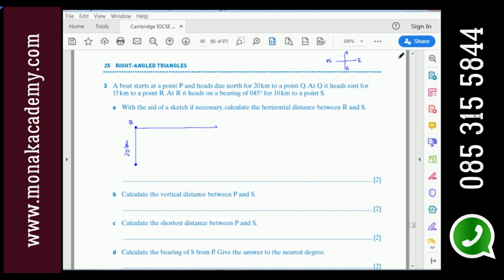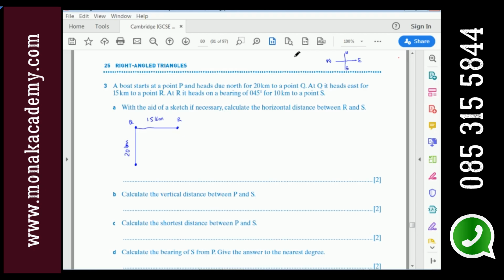I would actually make it a bit smaller because it's 15 Ks. So it went 15 kilometers east to point R. So that's point R.